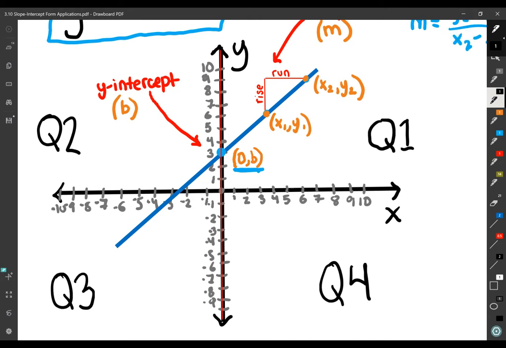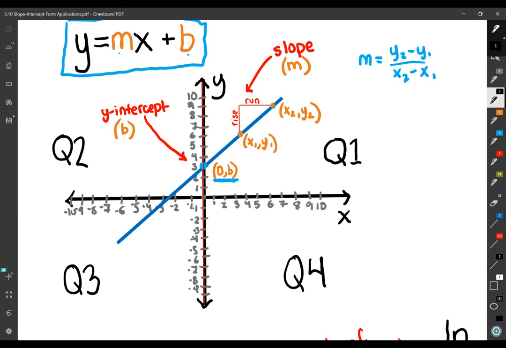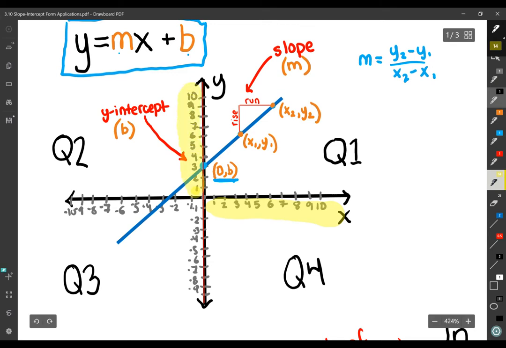When we talk about real world problems, a lot of the time we are only in quadrant 1. The reason is that in the real world, we usually only deal with positive numbers, positive numbers of x, positive numbers of y.